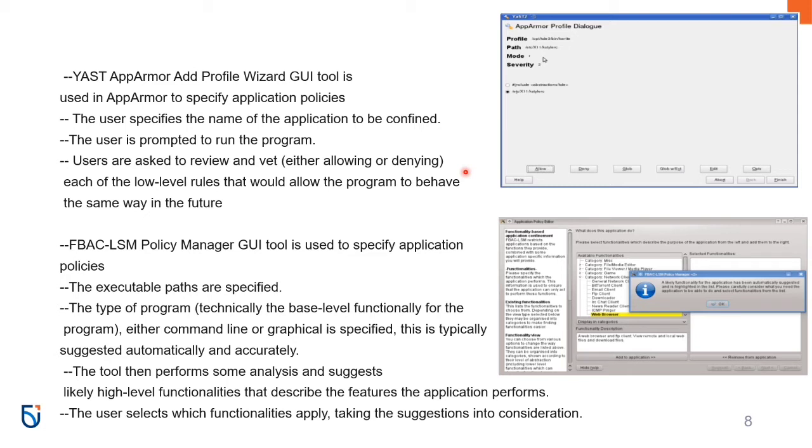Then the type of the program, either command line or graphical, is specified, which is typically suggested automatically and accurately by the tool itself. Then the tool performs some analysis, suggests likely high level functionalities and describes the features the application performs. Then the user selects these functionalities to apply and takes the suggestions into consideration.